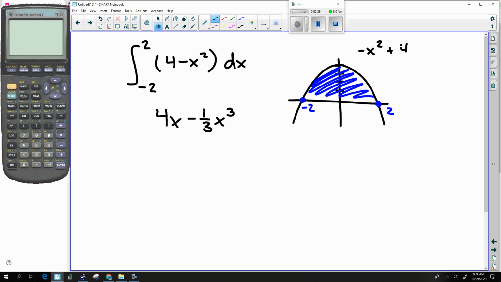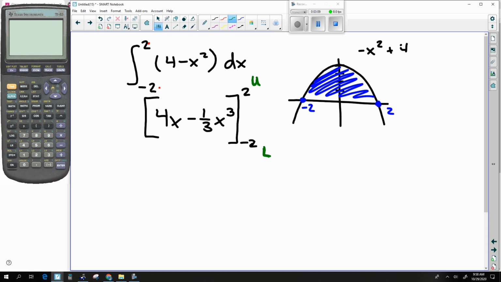So we do this anti-differentiation, this integral, and then we put big square brackets around it, and we move these numbers over to the right-hand side. Again, this is the upper bound, and this is the lower bound.